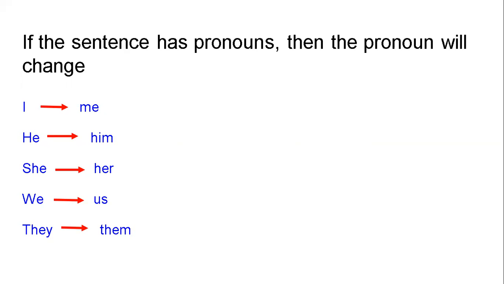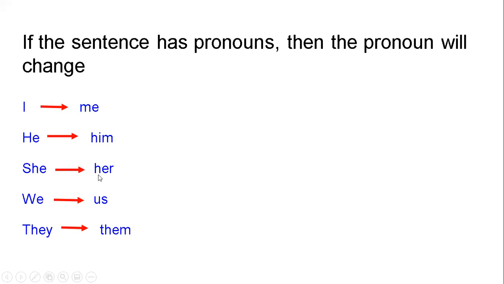Okay? While you pay attention to the changes from active to passive voice, you have to also pay attention to the verb. Like I told you a little while earlier, the verb form has to change. And also remember that the pronoun has to change. How will it change? I becomes me. He becomes him.